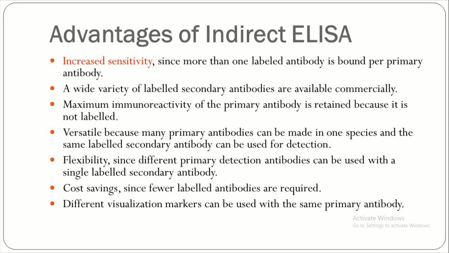It also has flexibility because different primary detection antibodies can be used with a single labeled secondary antibody. And this will save your money: cost savings, because fewer labeled antibodies are required. Also different visualization markers can be used with the same primary antibody. These are the advantages of indirect ELISA.